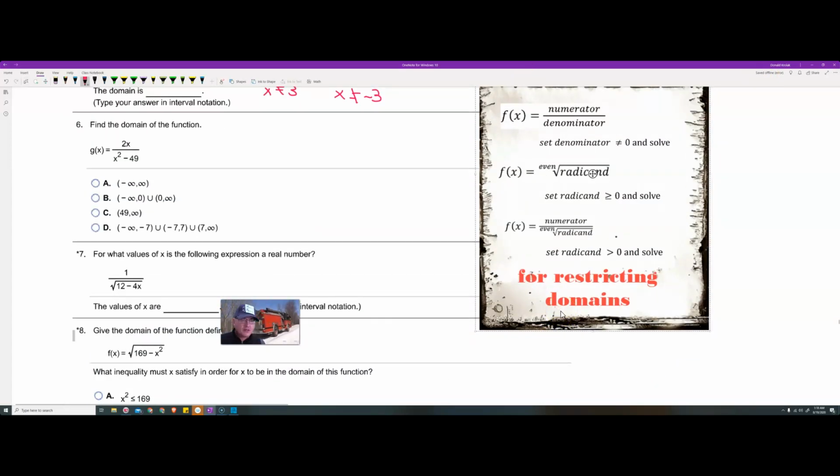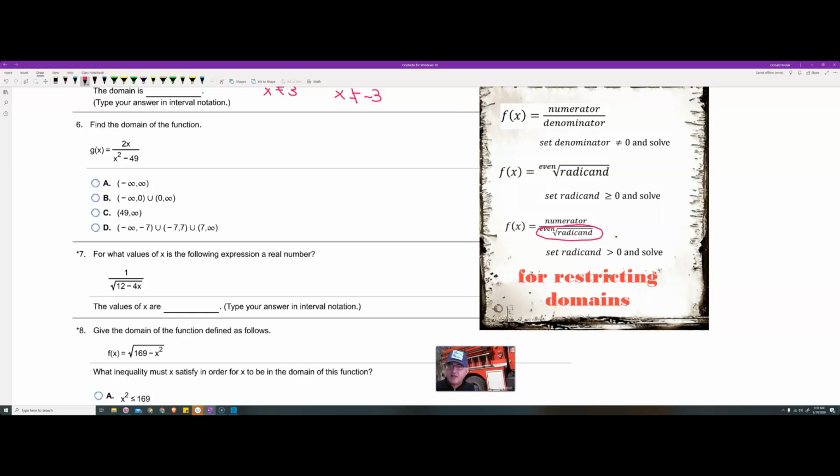All right, if we look at number 7 here, we got 1 over 12 minus 4x. In that case, I've got a radicand. I got a radical in the denominator of a fraction, a rational function.